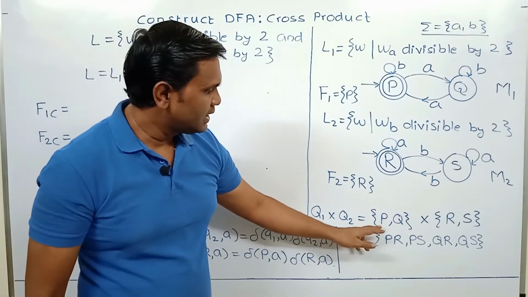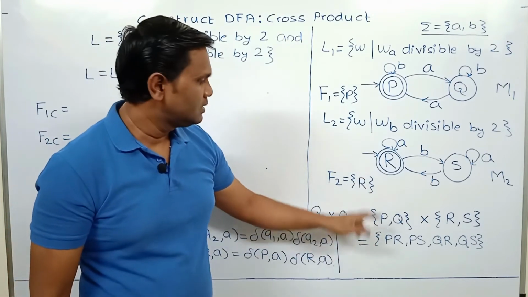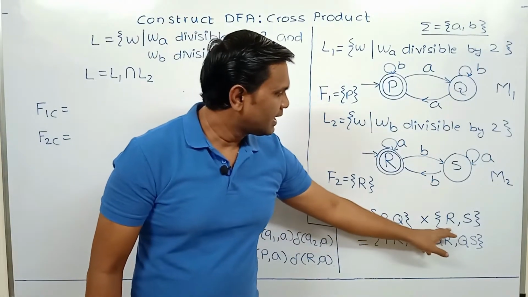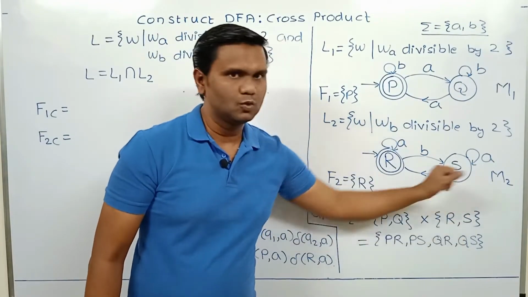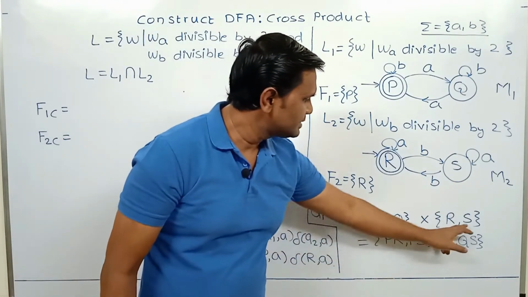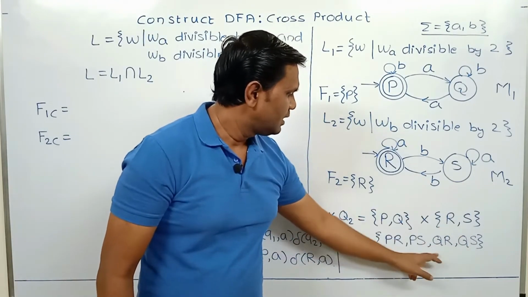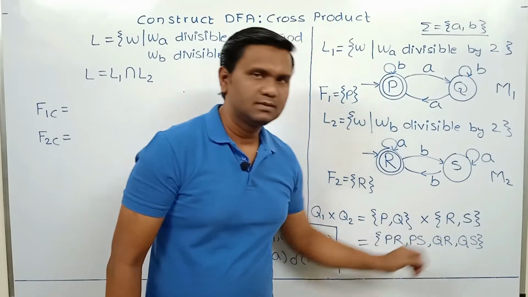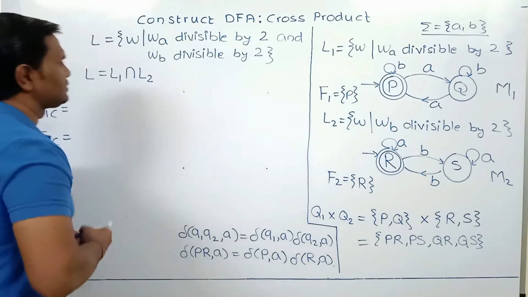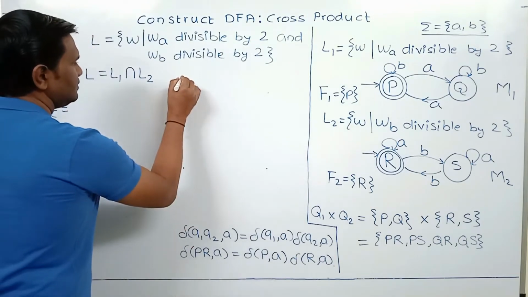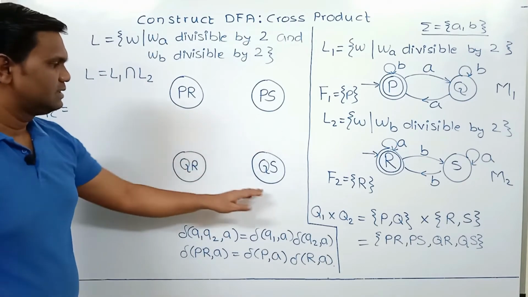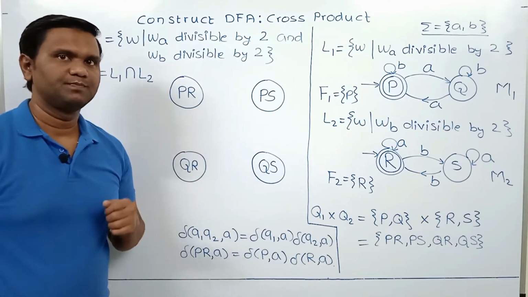So Q1 is set of states in M1, it is P and Q, cross R and S, these are states in M2. So we get PR, PS, QR and QS, these are the states in cross product DFA. So we consider these 4 states in the cross product of the DFA.